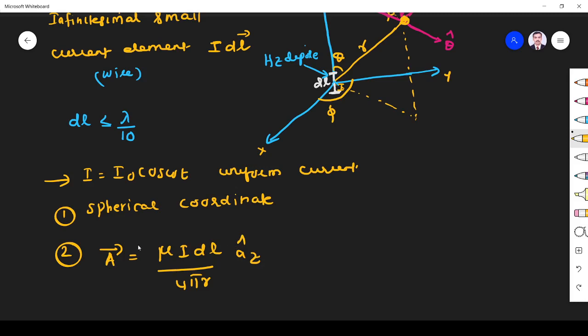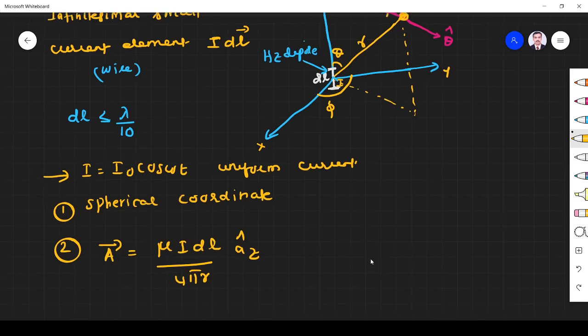If you have any doubt how I got this equation, please refer to your electromagnetics theory, or I have put one video on time varying potential where I have dealt with it in detail. Here we don't need to tell it fully. We must know the potential at this point P, given by mu IDL by 4 pi R into AZ.